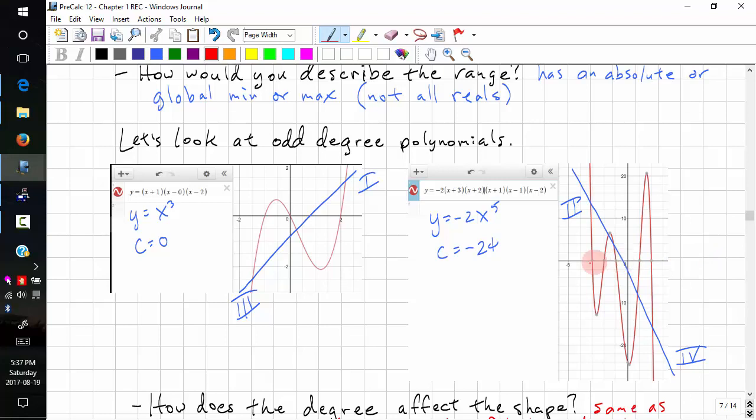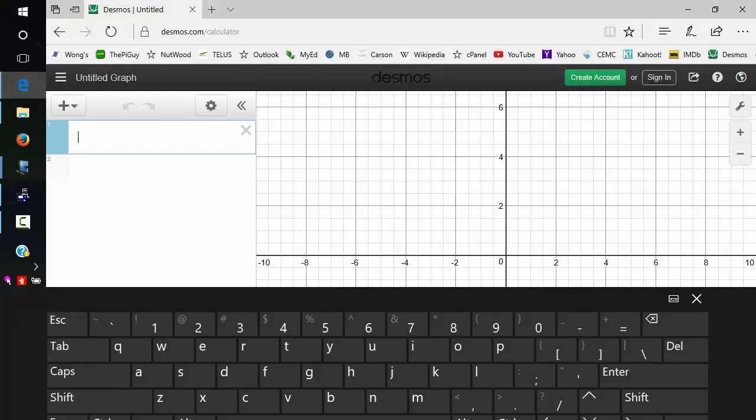On Desmos, it's a little bit tricky to have your horizontal axis be a different scale than your vertical axis. So let's just take a look at that problem.